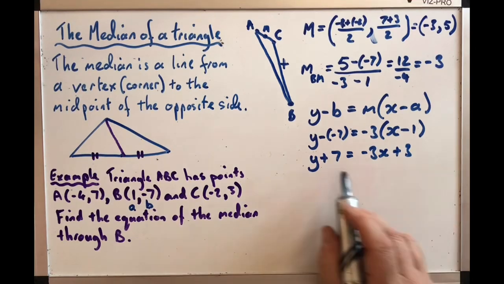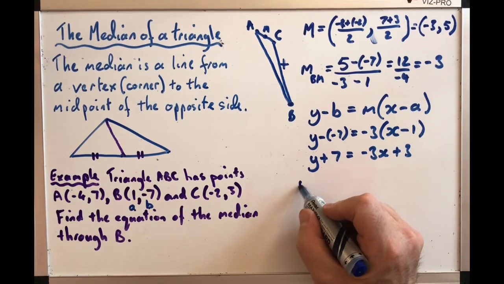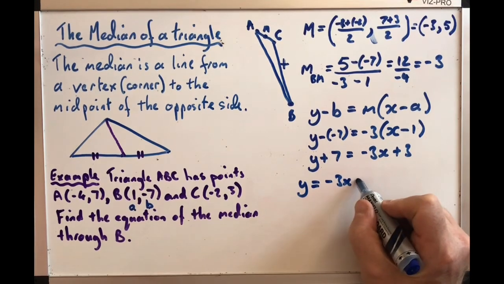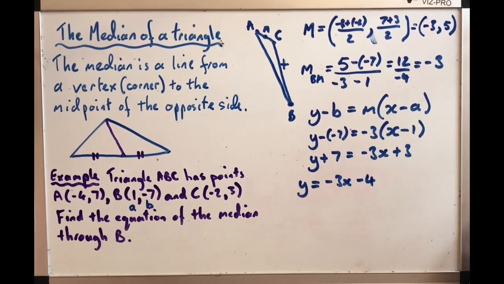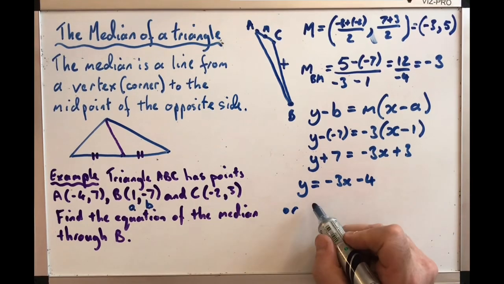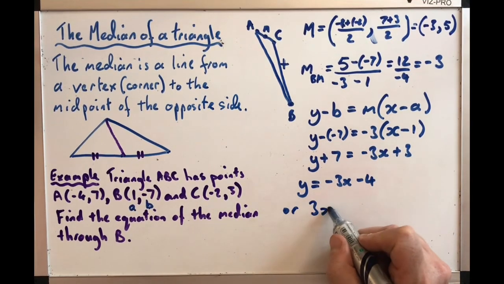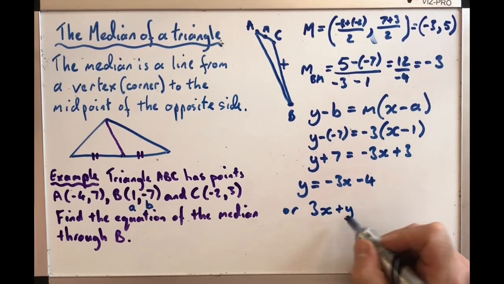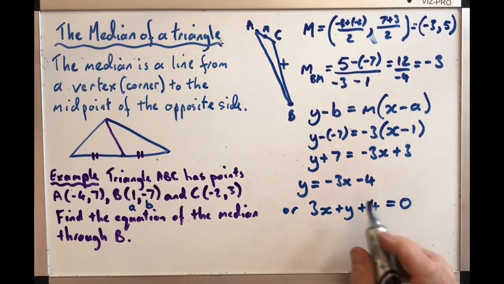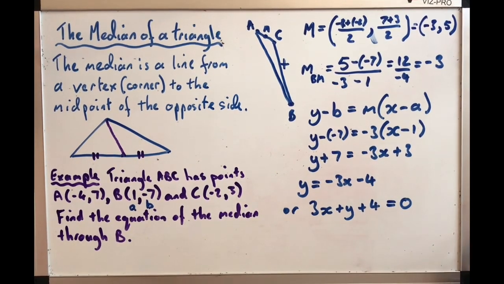I think we can do it either way. We can write either y equals -3x minus 4 if we take 7 off each side, or if we take everything to the other side, I could have written 3x plus y plus 4 equals 0. Either of those two will be fine.